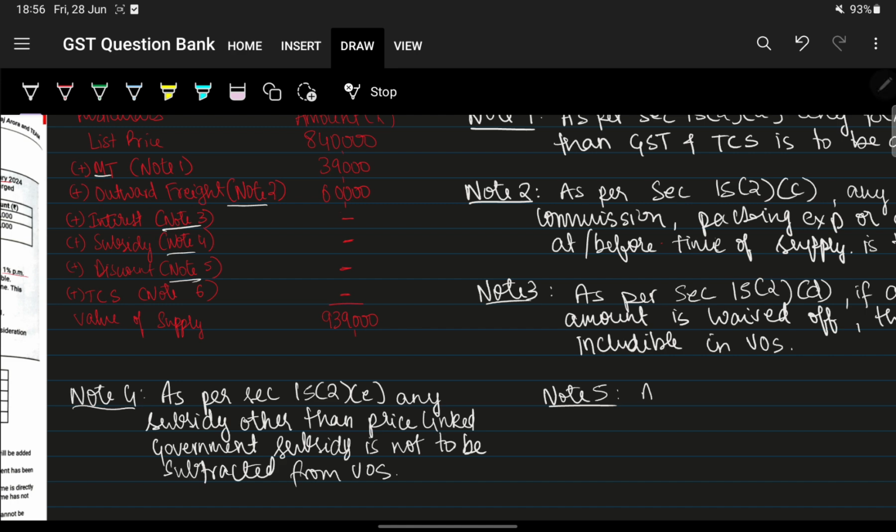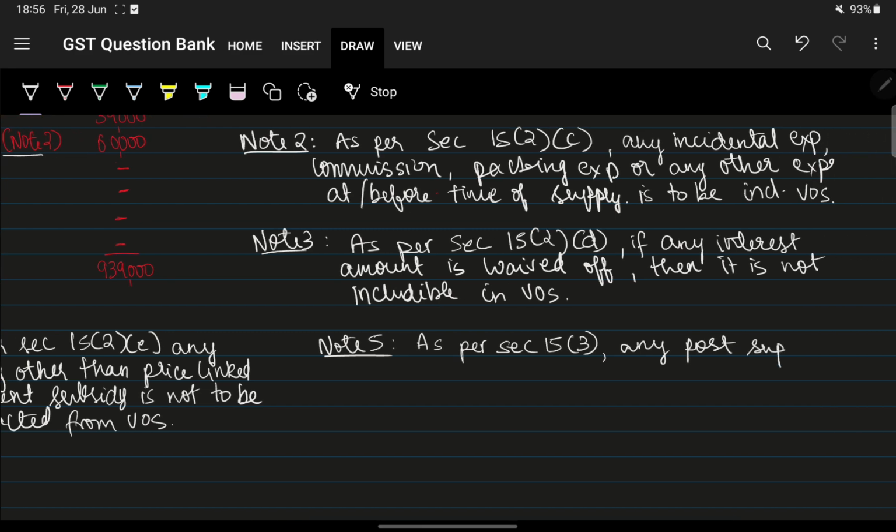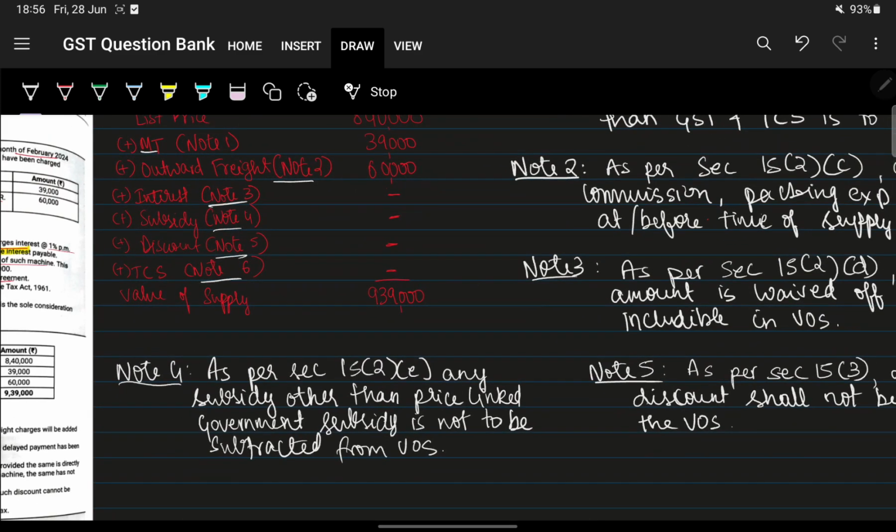So as per section 15 subsection 3, any post supply discount shall not be given effect to the value of supply.